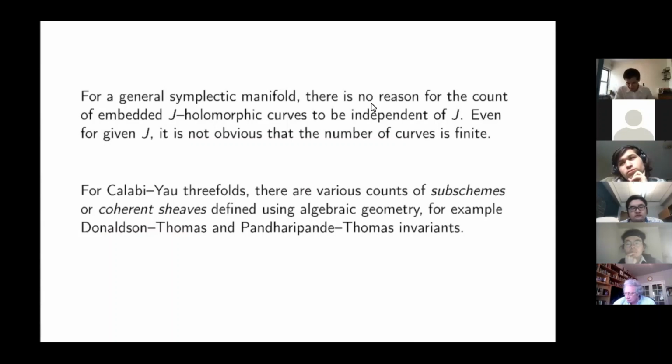Subschemes are not exactly curves, but in some sense they are embedded objects and not parametrized objects. That's the main difference with Gromov-Witten theory. And the nice thing is that these invariants in algebraic geometry are actually integers. Even though you define them using virtual fundamental classes, in the end you get an integer rather than a rational number. So you can think maybe this integer has a symplectic definition as a count of some objects, maybe curves with weights.